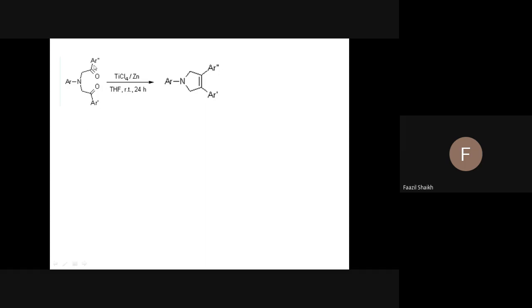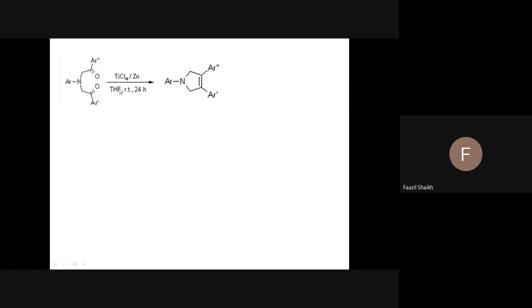But it's aromatic. We can use aliphatic also, but depending upon the yield, we can think about the formation of different yields. Okay, so no issue. We can use aliphatic or aromatic compound, no problem. Aliphatic or aromatic, but the yield depends on the part which stabilizes this.